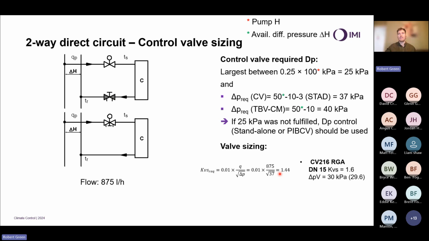And that comes out with a KV of 1.44. What we tend to do is then choose the next biggest valve that can achieve that in general. That is going to be a DN15 control valve with a KVS of 1.6, which is going to give me a differential pressure across the valve of 30 kilopascals, i.e. still more than 25. So we know the minimum authority is still going to be good.